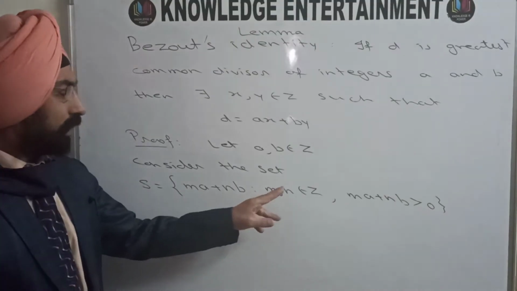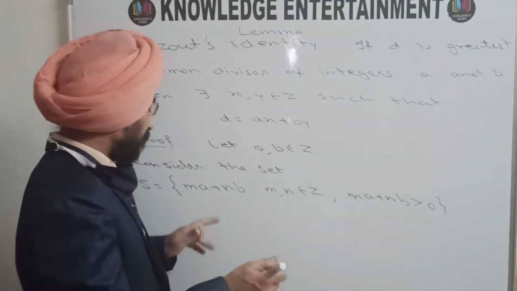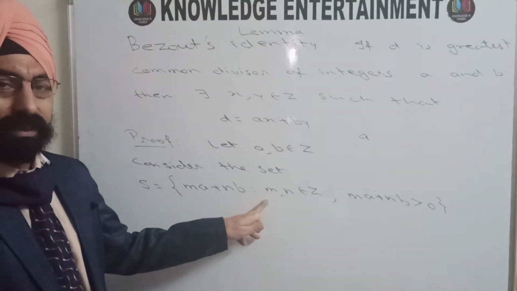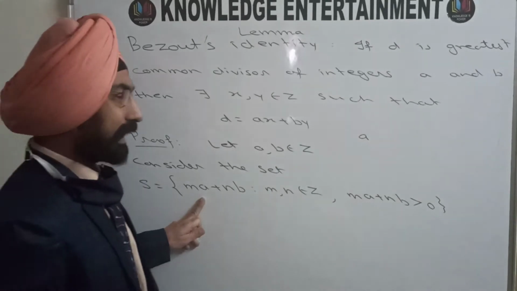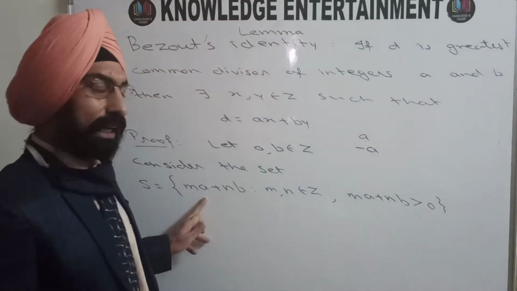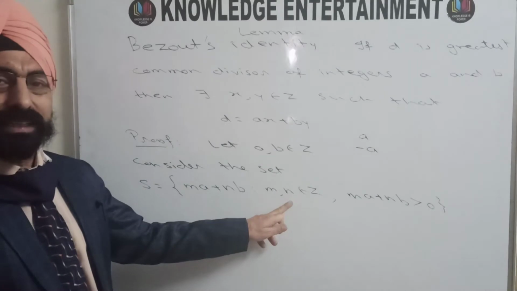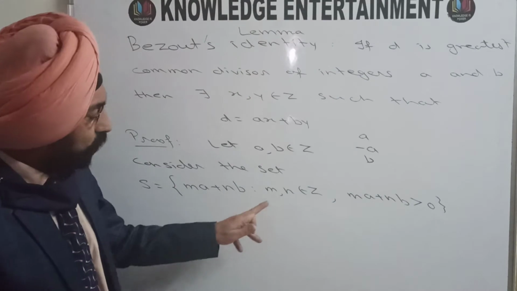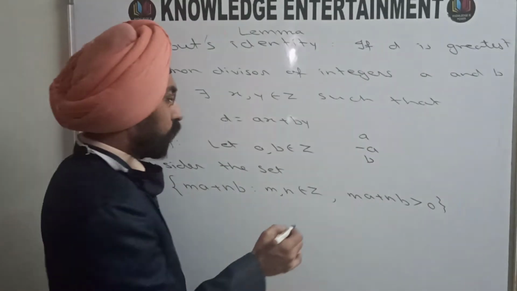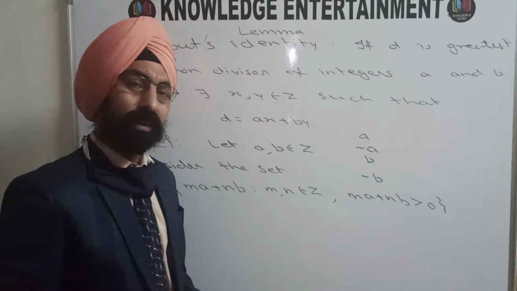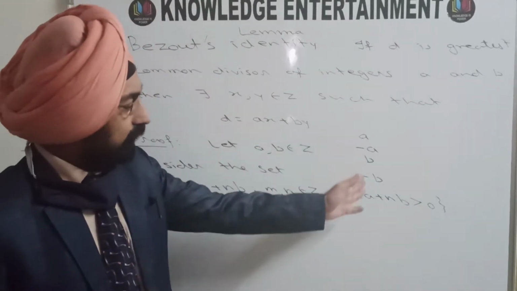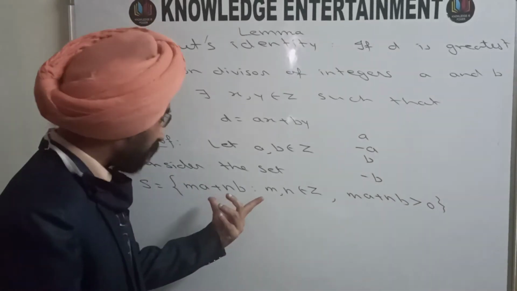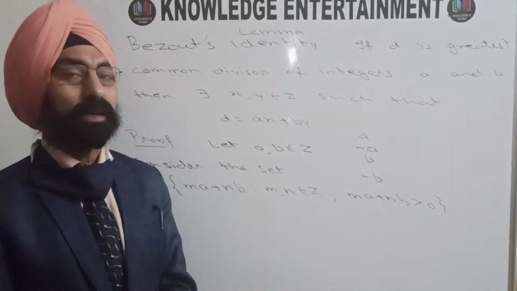If you take m to be 1 and n to be 0, the result will be A. If you take m to be minus 1 and n to be 0, the result will be minus A. If you take n to be 1 and m to be 0, the result will be B. And if you take n to be minus 1 and m to be 0, the result will be minus B. At least one of these is a positive integer, so this set contains positive integers.